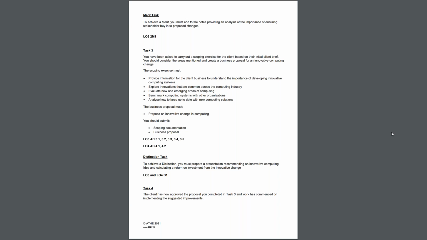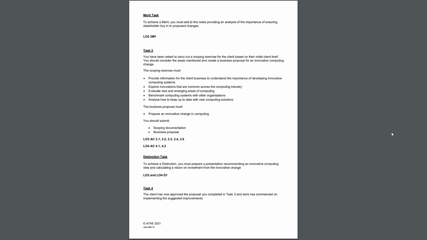Task number 3, you have been asked to carry out a scoping exercise for the client based on the initial client brief. You should consider the areas mentioned and create a business proposal for an innovative computing change.